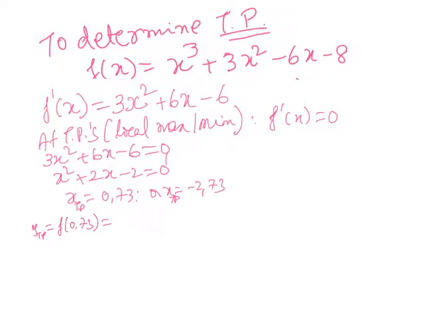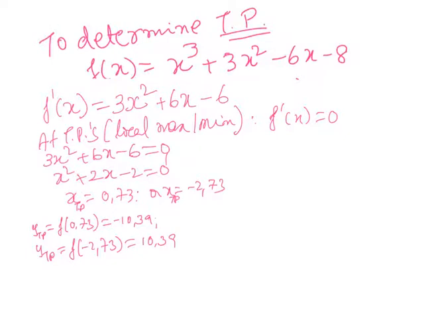I might use my calculator, and I get negative 10.39. And then for the turning point at negative 2.73, I get positive 10.39. So this is the value that I got in my calculator.